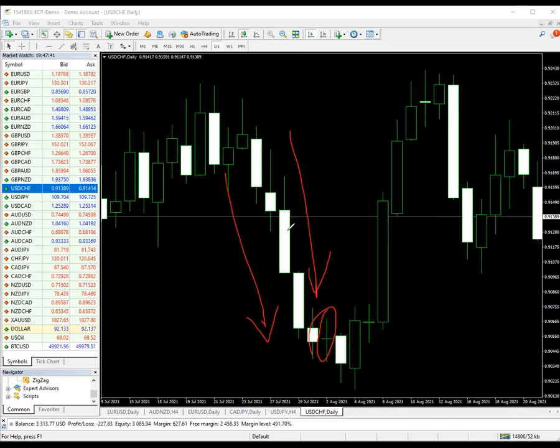The market was a sell market, and then we had a spinning top here. So we are saying that when the market is in a downtrend, or for the bears, and you see a spinning top, there is a possible reversal. And what happened? A possible reversal took place.